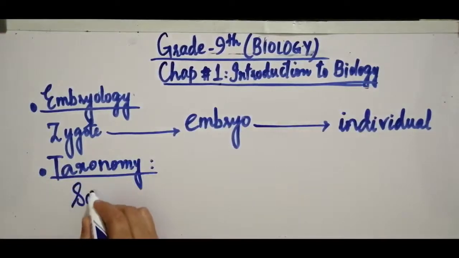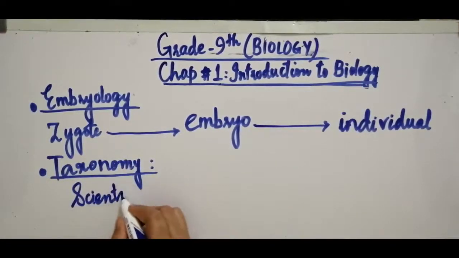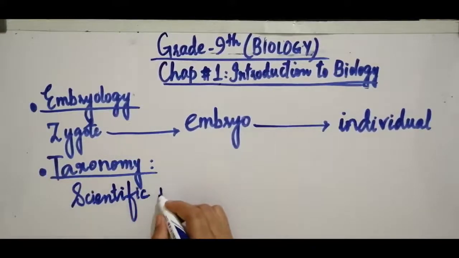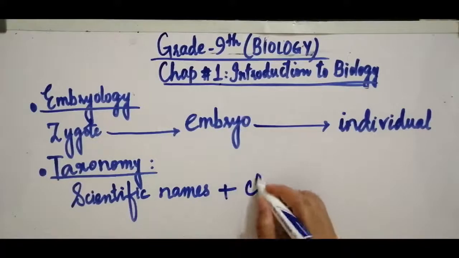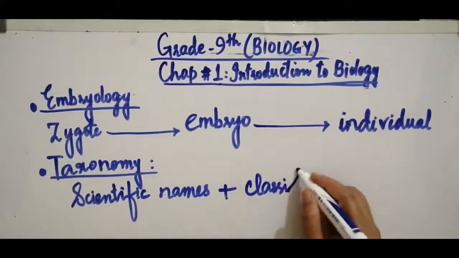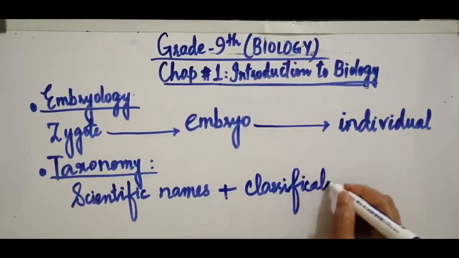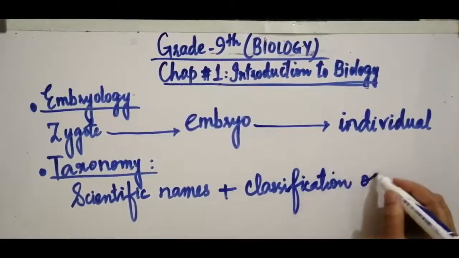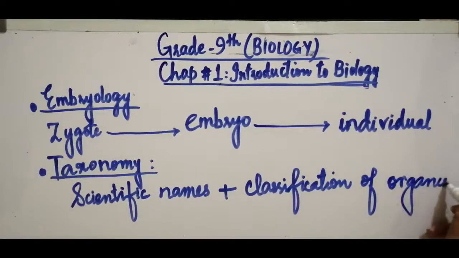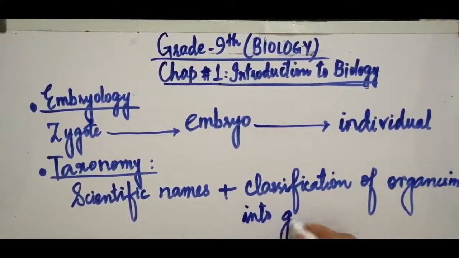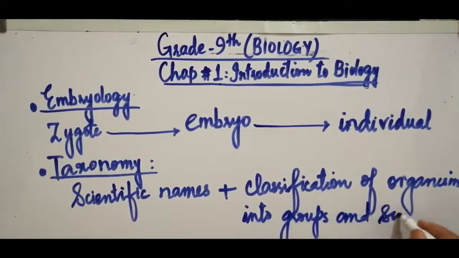Basically, taxonomy is the study that deals with the scientific names of organisms along with the classification of organisms into different groups and subgroups. So this is the definition of taxonomy.